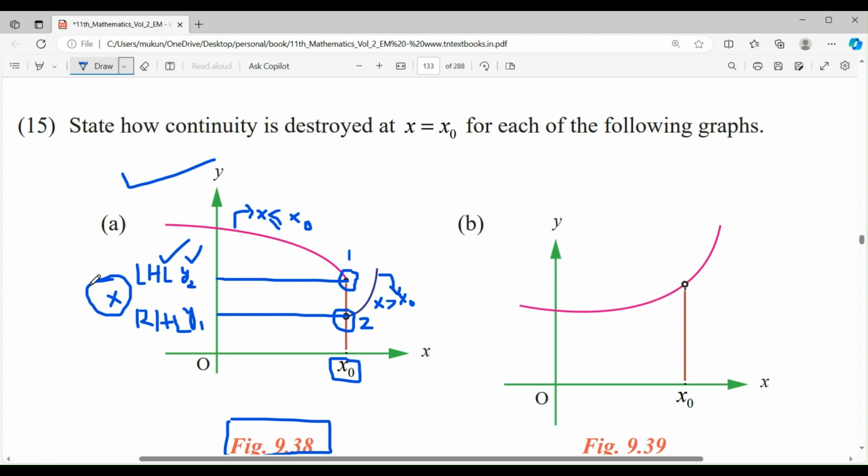Still, I have my continuity from the left, right? But this particular function is discontinuous from the right, right? So that's how we will have to interpret this graph and conclude that we do not have continuity at x equal to x naught, right? So this type of discontinuity is called jump discontinuity, right? So let's call that.